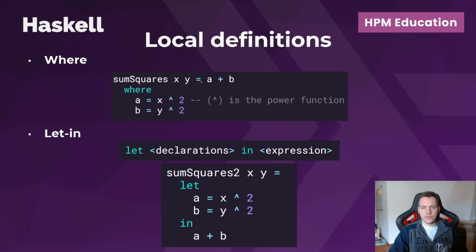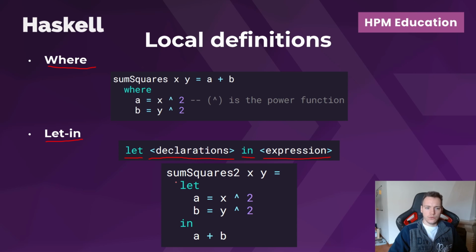So there are two ways to create local definitions: using the where keyword, which we already saw in the previous example, and there is also something called the let-in expression, where the syntax is the keyword let, then we have our declarations or definitions, and then we have in and the expression.